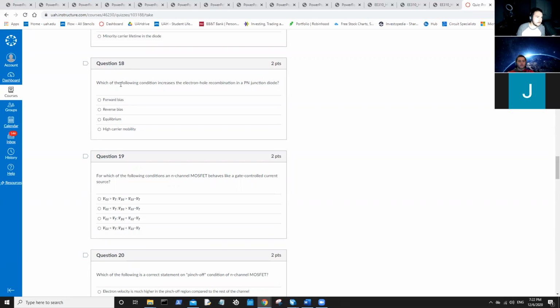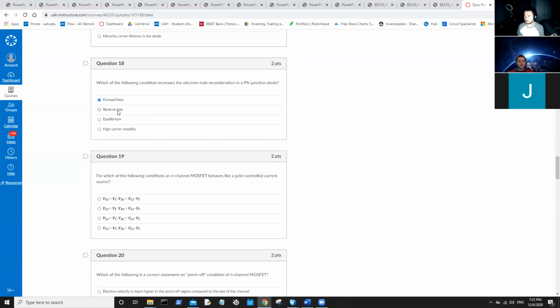And then question 18, which of the following conditions increases the electron hole recombination of a p-n junction diode? This is actually a bit interesting. When it comes to the phrasing of this question, you can immediately eliminate an answer. This isn't something you actually need to know because the answer here is going to be forward bias. In reverse bias, there's very little current flow, so there's very little going on inside the p-n junction.